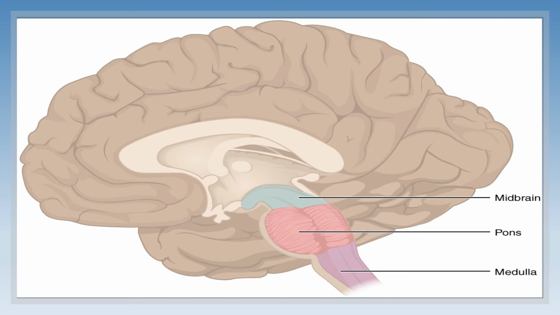When these signals are received, the reticular formation carries these signals upward to arouse and actually activate the cerebral cortex. Finally, the brainstem, as well as the hypothalamus, houses the centers of the brain that control the sleep-wake cycle.